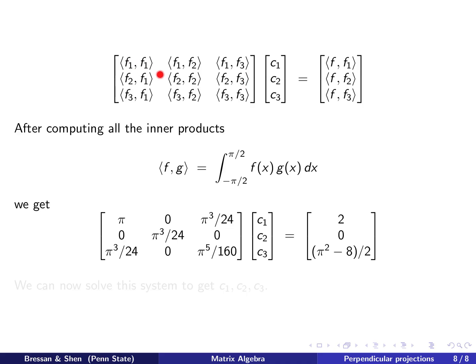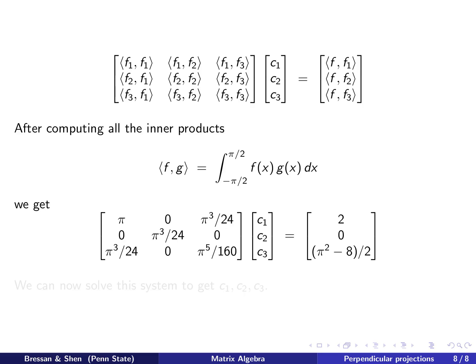So we just need to compute half of it. So 1, 2, 3, 4, 5, 6 inner products, and the inner product is this integral of the product of f and g over the interval negative pi over 2 to pi over 2. So we work all of them out and plug in the values we found. And this is the A matrix, and that's the B vector.